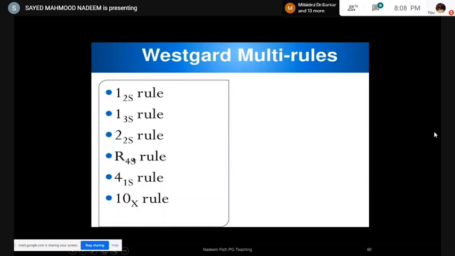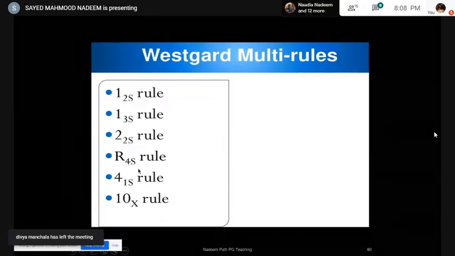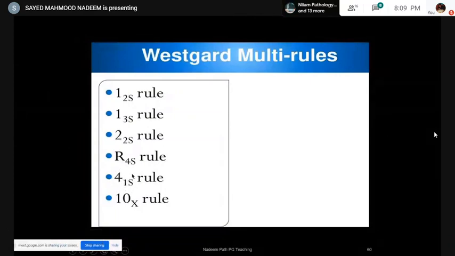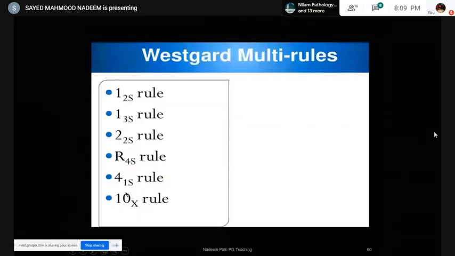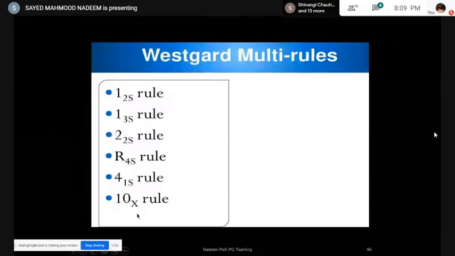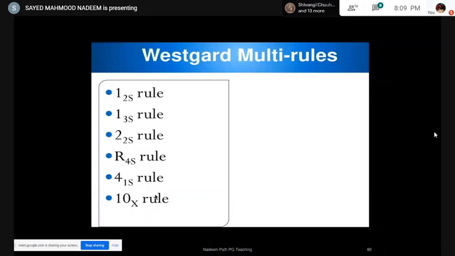Reciprocate 4s means 2 2s on one side, 2 2s on the other side. 4 1s means 4 points are crossing the 1s boundary. 10x means 10 points on one side of the mean. So now let us see these rules in detail and try to understand what implication each rule has.